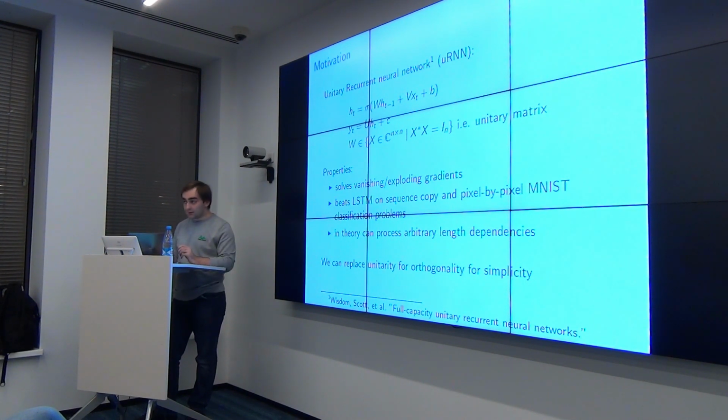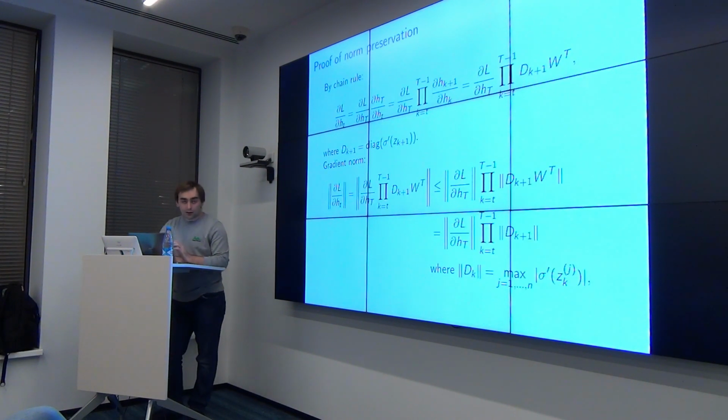So why does it solve vanishing or exploding gradients? I won't go into much detail, but here is a sketch of the proof. By the chain rule, we can rewrite the gradient of our loss with respect to some hidden state. Then we can compute the norm, and actually we can bound it.